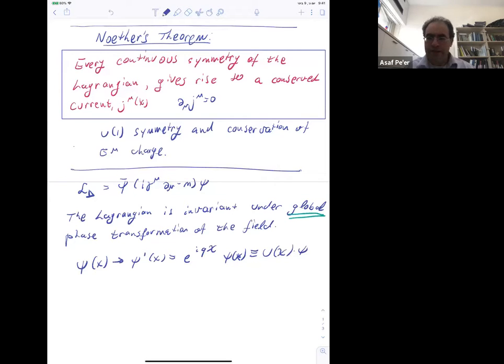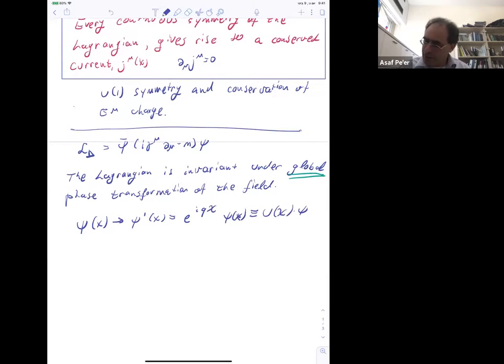Why I wrote it not just as chi, but as q chi, I'll explain in a second. Really, I make a division which is not necessary, with the phase, I wrote it as a q and a chi. So chi is a real parameter which has some arbitrary value. It's of course constant, so it gets the same value at every point in space and time.